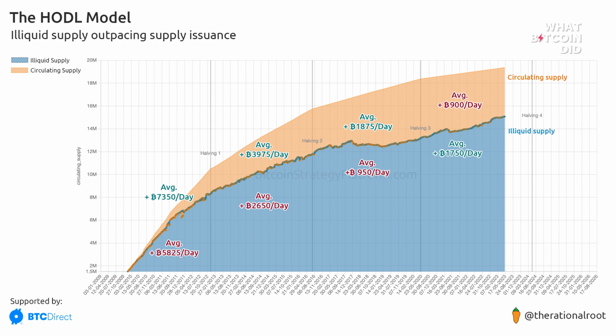The idea of the HODL model is that the third halving was kind of an inflection point, because as you can see in this chart, the supply issuance outpaced illiquid supply growth until the third halving. But after the third halving, suddenly illiquid supply is growing at a faster rate than new supply is entering Bitcoin in circulation.